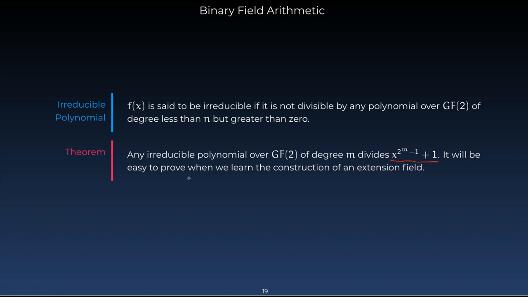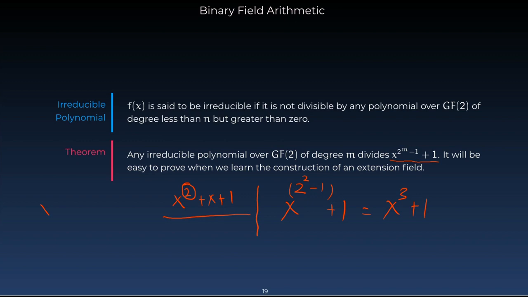So for example, x square plus x plus 1 is an irreducible polynomial of degree 2. Then it must divide x to the power 2^2 minus 1, plus 1. So this actually divides x cube plus 1, which is much easier to prove.